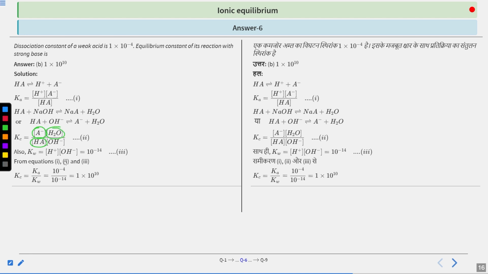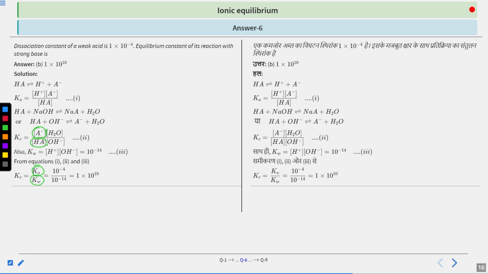We are multiplying on the upside with H plus and on the downside with H plus, and taking the concentration of water as 1. If we do this, we will get it as Ka divided by Kw. It's very clear.